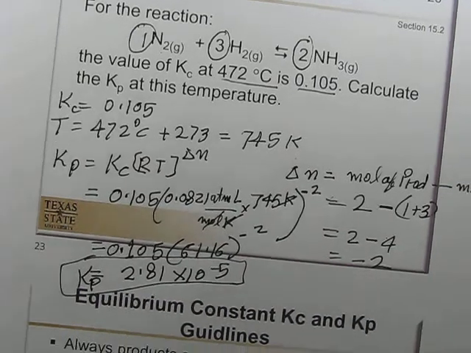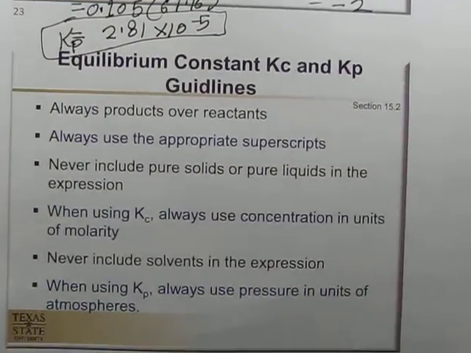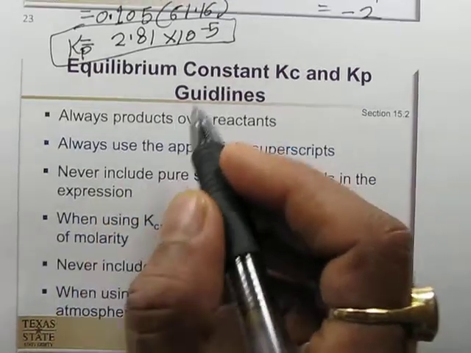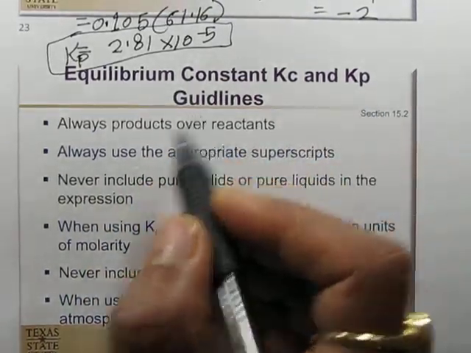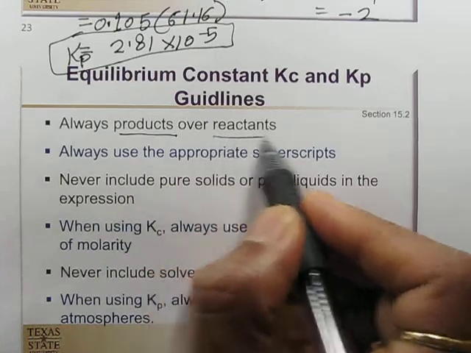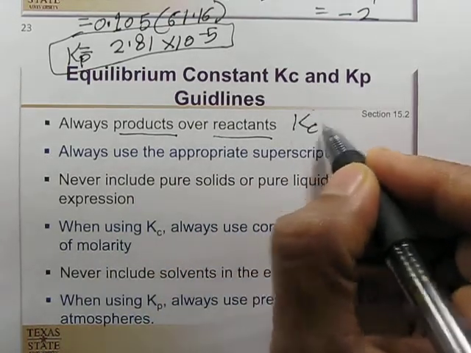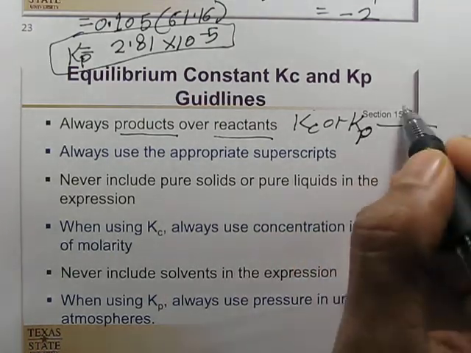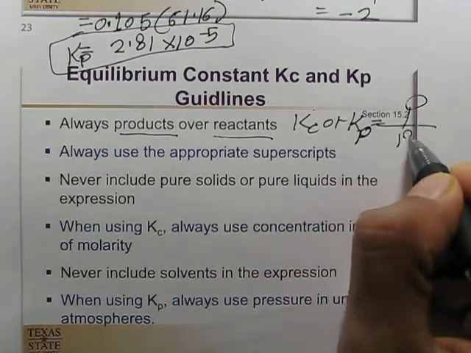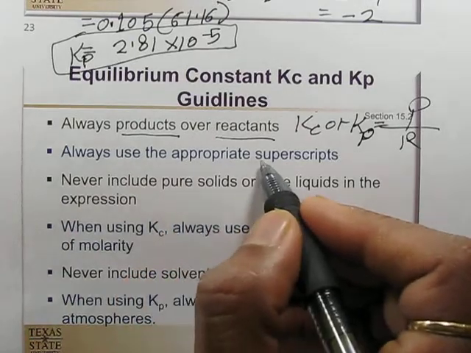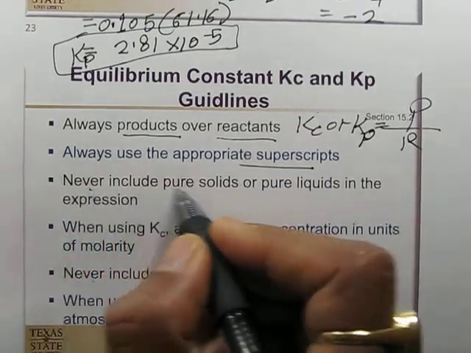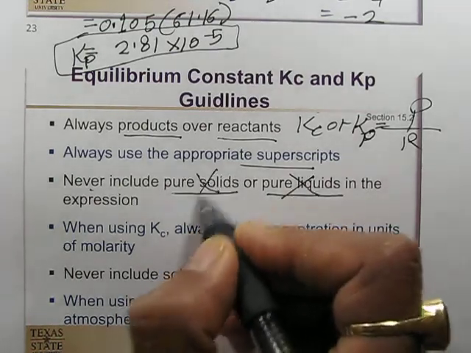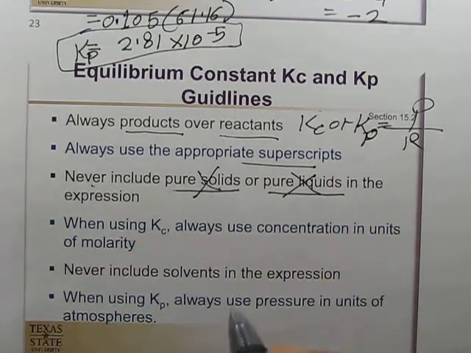So now let's generalize this Kc Kp equation, and there are some important guidelines. Equilibrium constants Kc and Kp are always written as product over reactant, right? Always use the appropriate subscript. Never include solids or pure liquids; remember heterogeneous equilibrium.